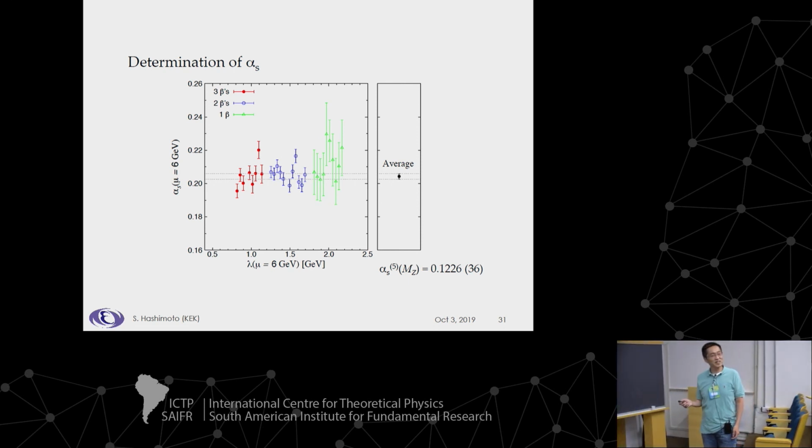Unfortunately, first of all, this is consistent with the known value of alpha s, but the error is several times larger than the current best determination. So we can't compete in this way, but there is another quantity that we can eventually use to extract alpha s. That is another interesting thing to look at.